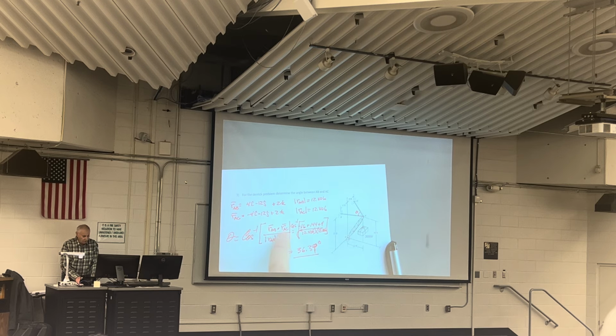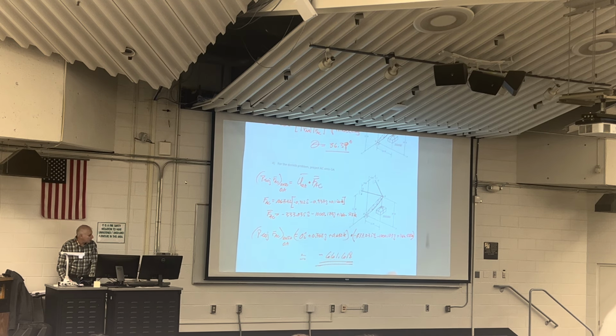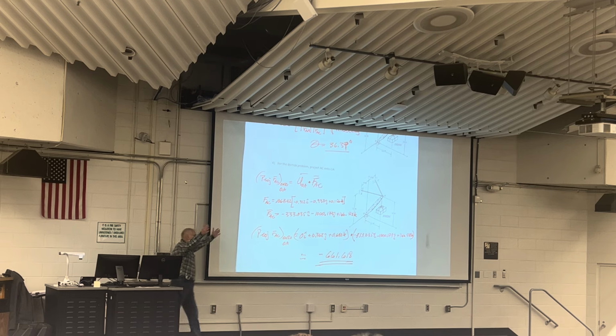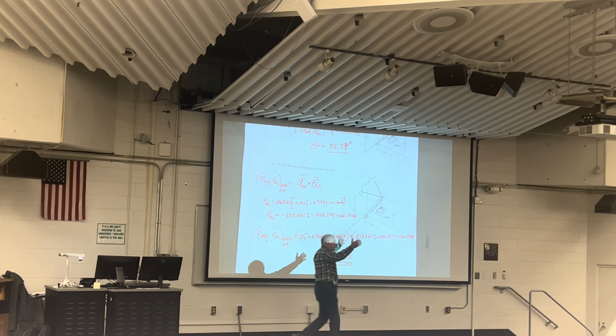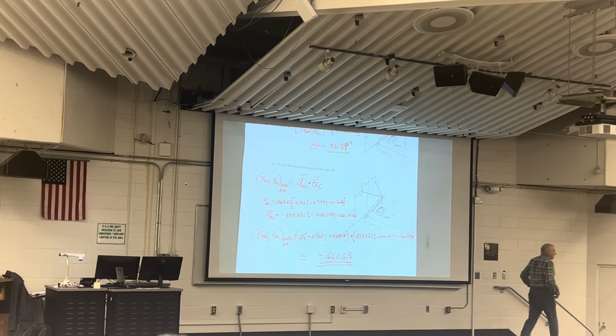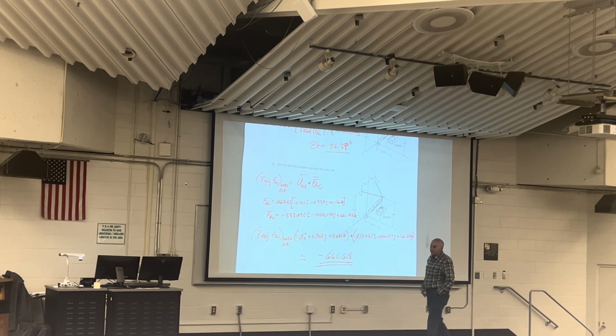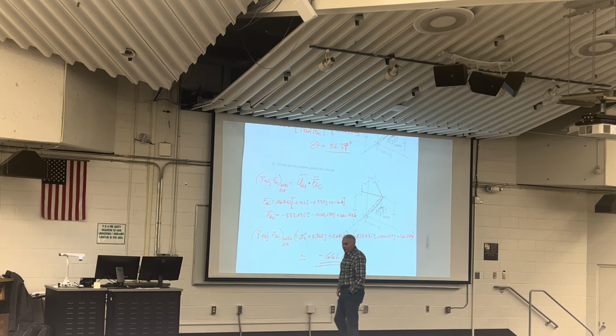Unit vector AB, unit vector AC, divide by 1, divide by 1. All I need is something that describes the directional sense of AC. That's all I need. So there's lots of ways to do it, not just one. All of them have to lead to 36.39 degrees. Okay?